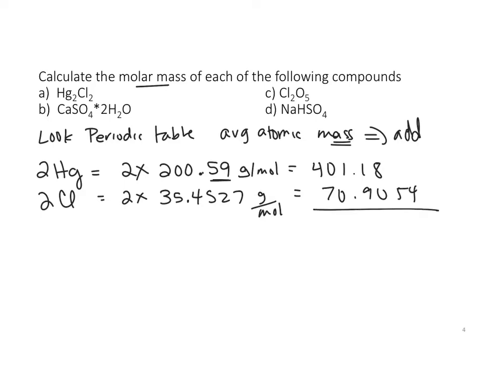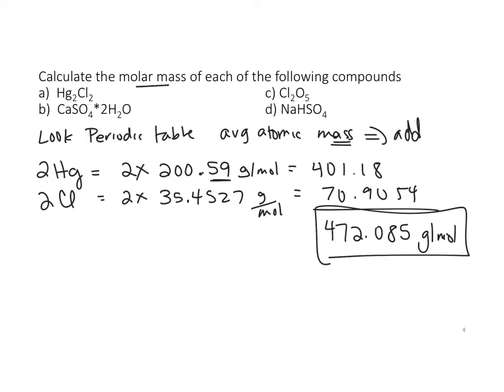And then we add that up, plus 401.18, and that's 472.085 grams per mole. If you want to take it out further, like I did here, you can, but I would say at least 2. Okay, that's A. What about B?